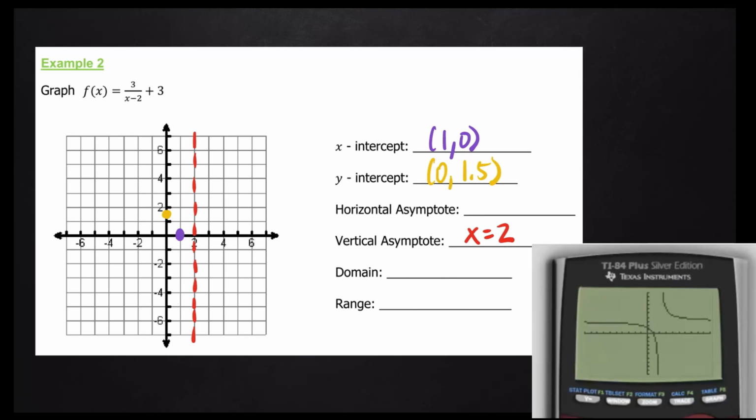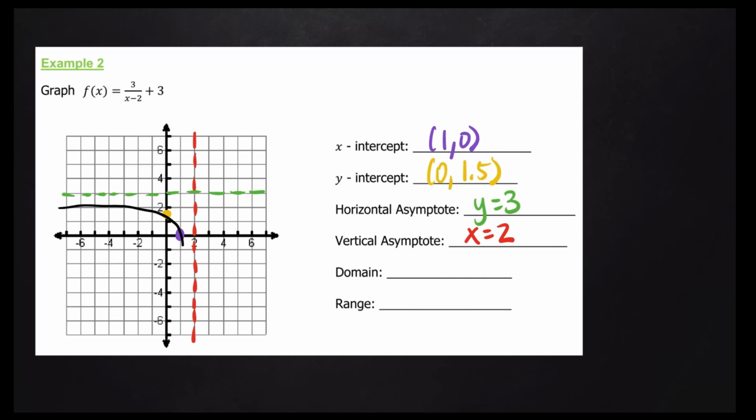The horizontal asymptote we can see is at y equals 3, again an imaginary dotted line there. Then, based off of where your branches are, give a sketch going through your points, and then another sketch right here of the other branch.